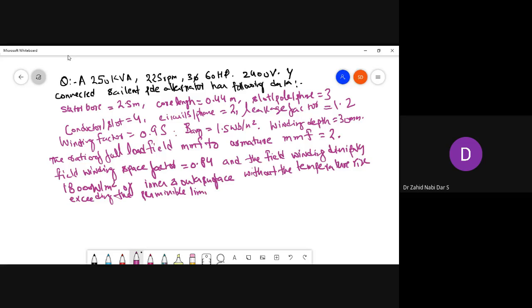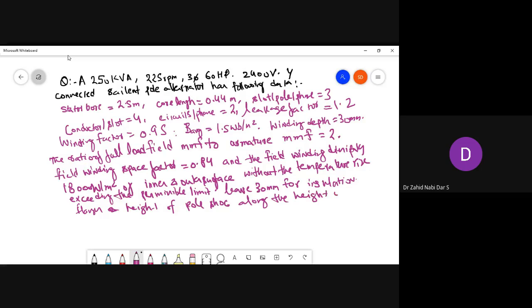Leave 30 mm for insulation, for insulation, flanges and height of pole shoe along the height of pole.